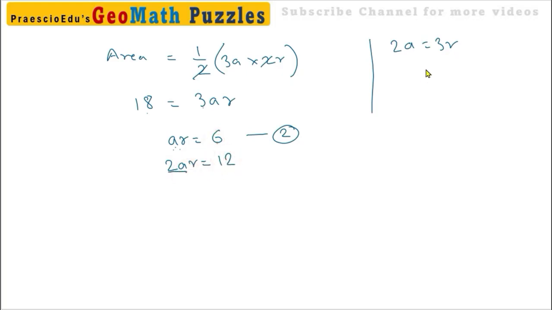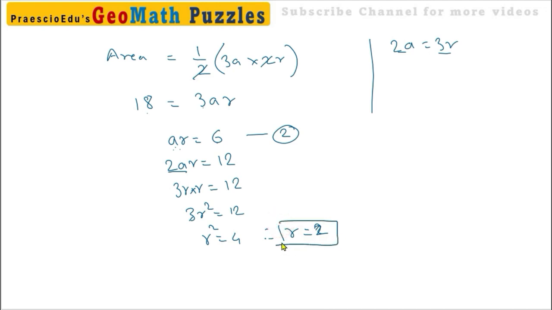Now the value of 2a we know is 3R, so putting 3R here, 3R multiplied by R is equal to 12. So 3R squared is equal to 12. Now 3 comes here and divides the 12, so R squared is equal to 4. So we can say R is equal to 2. So the radius is 2.